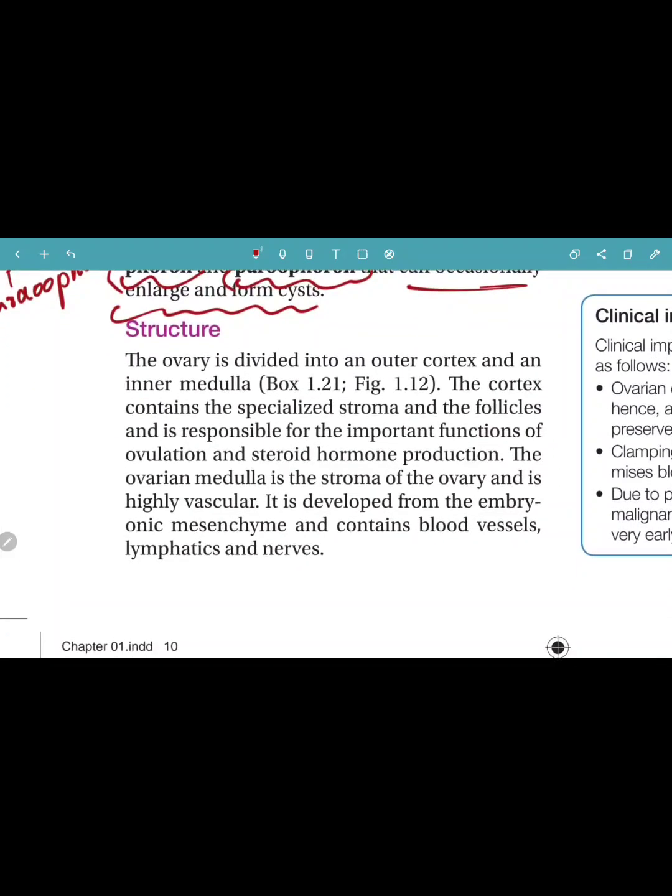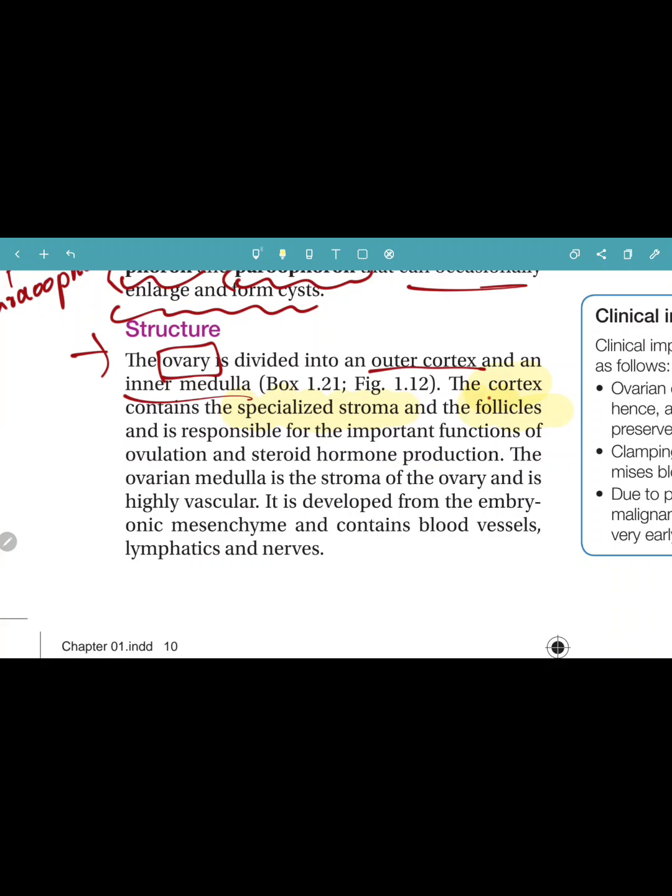Next, moving on to the structure. So the structure, the ovary is divided into an outer cortex and an inner medulla. So the cortex, if you look at the cortex, contains specialized stroma and follicles.